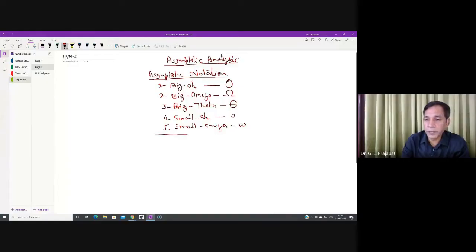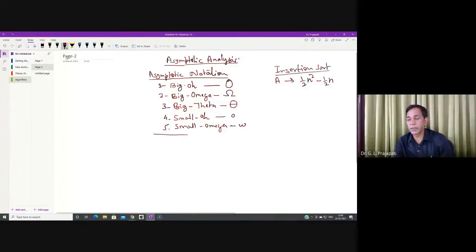Earlier we have seen that algorithm A requires 1/2 n square minus half of the n. This we also saw in the case of insertion sort, where we counted the operations.